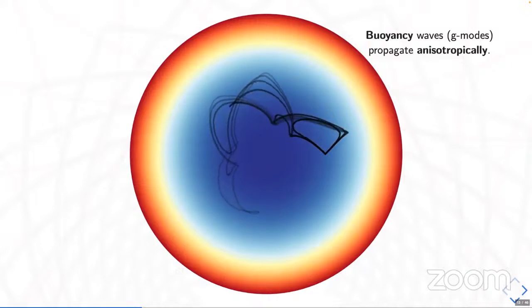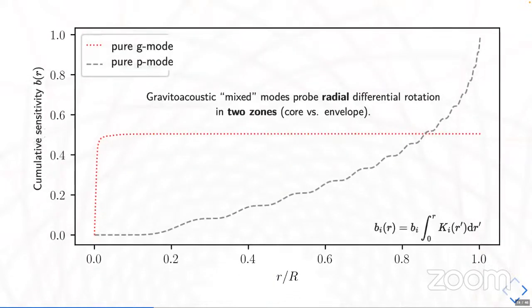So these two kinds of waves have different dispersion relations, but in the red giants, they couple to each other in a way that permits us to distinguish between P modes, which are sensitive to the surface, and G modes, which are primarily sensitive to the core. So here I showed the integrated sensitivity functions. You can think of these as cumulative distribution functions, right?